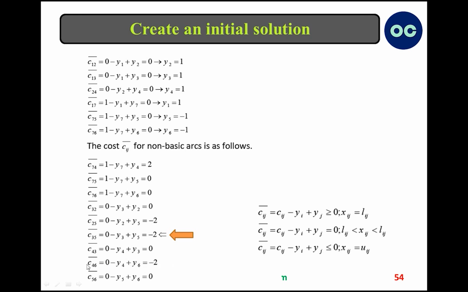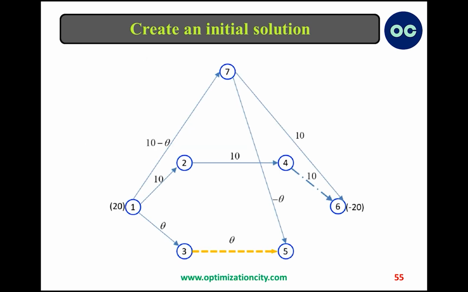So we cannot consider this arc again for entering the base, but we can enter arc 3, 5 because it's at the minimum limit and does not meet the optimality condition. So it enters the base, and we can find the output arc by doing this process.